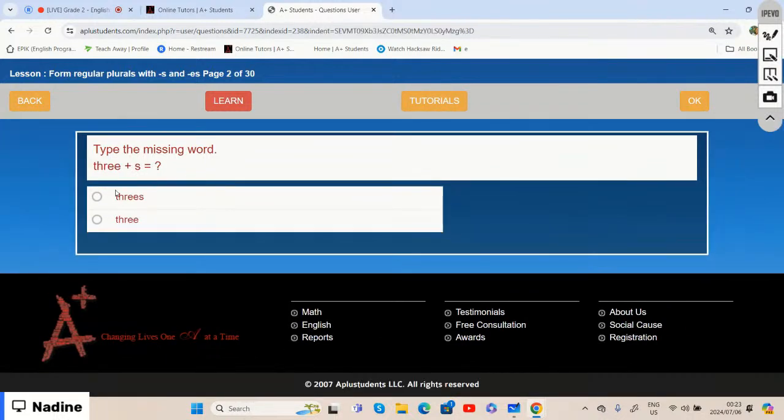All right, threes. Do we say threes as in option two or option one?